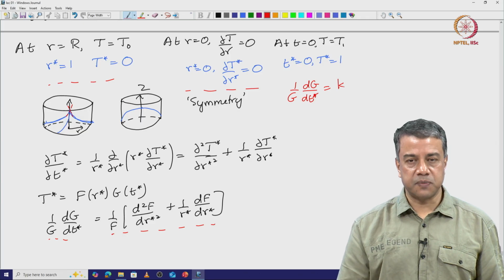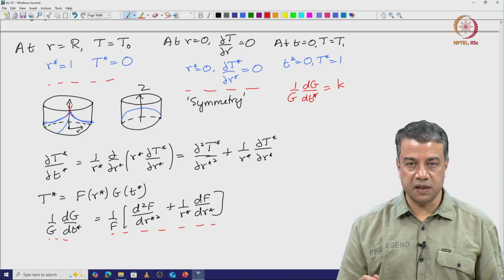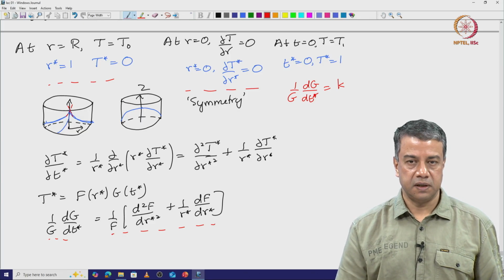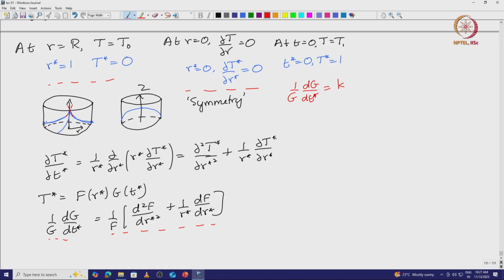If that constant is positive, then g is exponentially increasing in time. Whereas you require the transient part to exponentially decrease in time, so that it satisfies the boundary condition in the limit as t goes to infinity. Therefore, this has to be equal to a negative constant, equal to minus beta square.